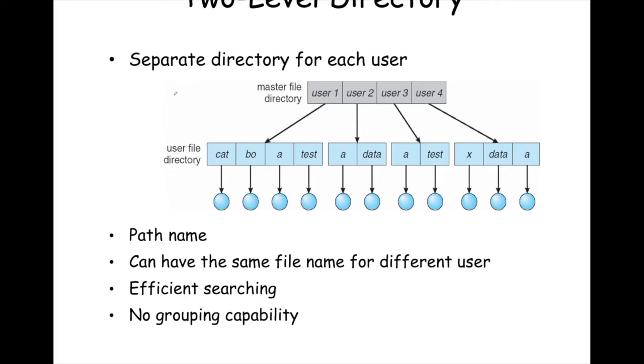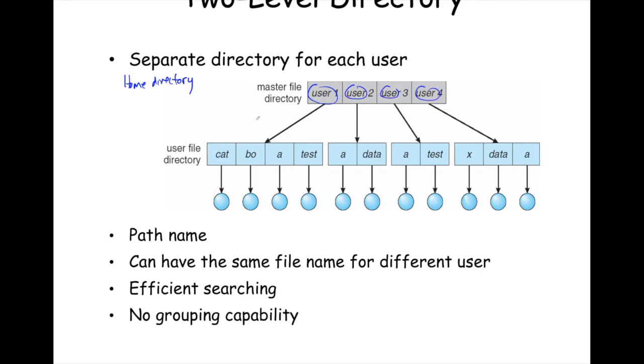And in this, you have a separate directory for each user, akin to when you log into a Unix-based system, you have a home directory. Now, when you have a separate directory for each user, the master directory for the file system has at its root level user 1, user 2, user 3, user 4.